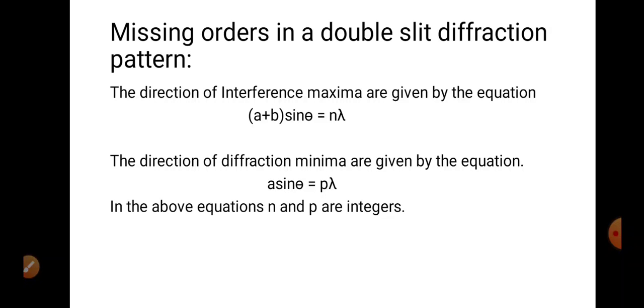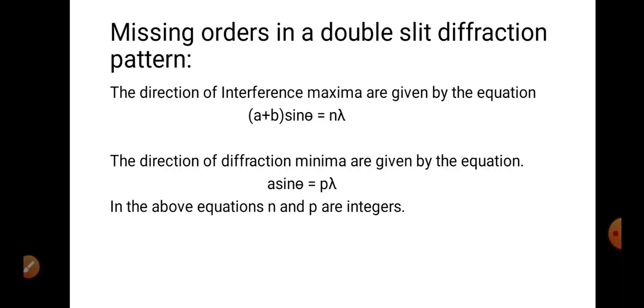Let us consider it as equation 1. The directions of the diffraction minima are given by the equation a sin theta = p lambda. This requires basic knowledge of interference and diffraction; with that we use the two formulas.